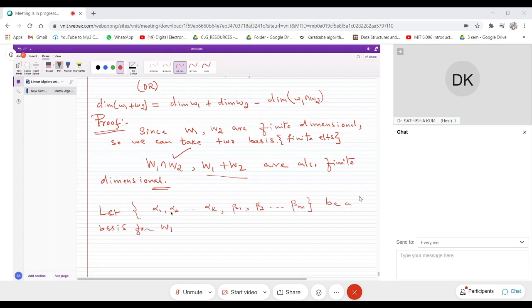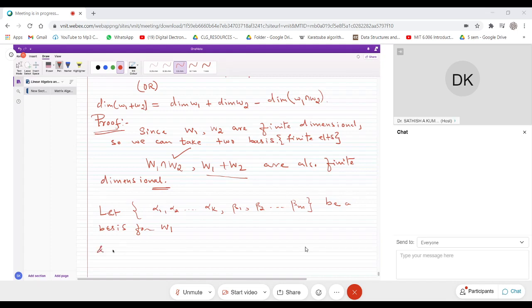I'll tell you why we have taken it this way: in the earlier case we took only alpha 1 to alpha m, not alpha 1 to alpha k and then beta 1 to beta, like a combination of vectors. The reason is that we are going to talk about an intersection, so we take at least one of the vectors common to both, and some different vectors are also there. That is the idea.